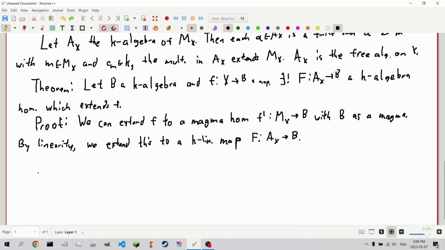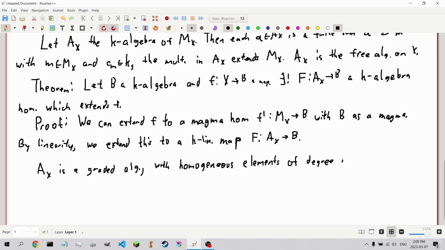Now we note that AX is a graded algebra, with the homogeneous elements of degree n being linear combinations of words of length n.